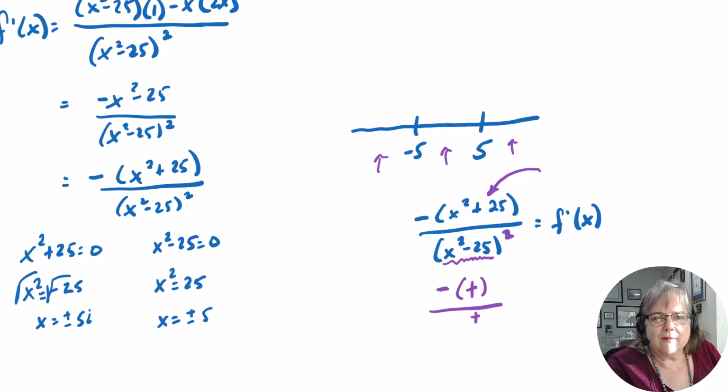So I don't know that we actually have to come up with numbers and test the actual numbers. If you want to do that, feel free. But I'm thinking that since this part is always going to be positive and this part is always going to be positive, and I'm always going to multiply by a negative, each one of these is negative, I'm just going to live with that.